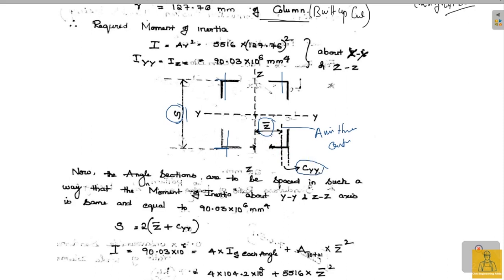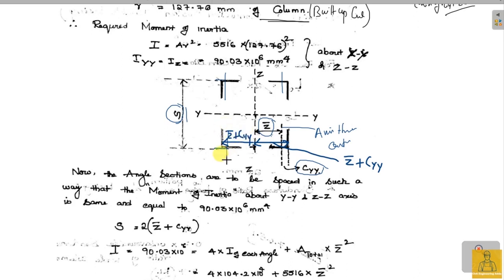So now, what can you write this S as? From here, this distance is nothing but Z bar plus CYY. And the remaining part is also Z bar plus CYY.